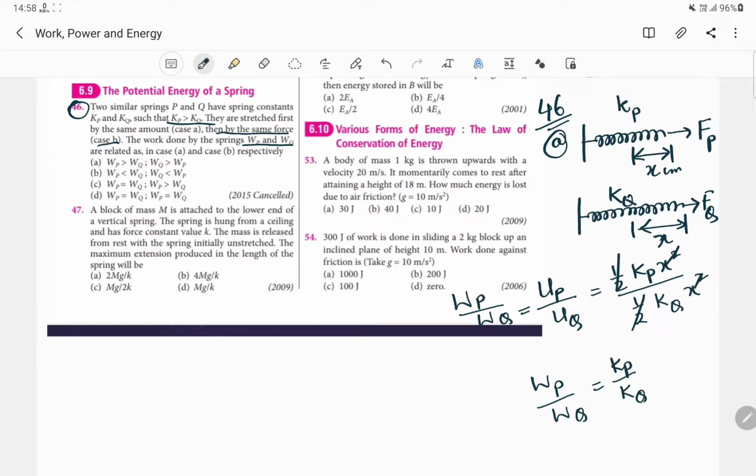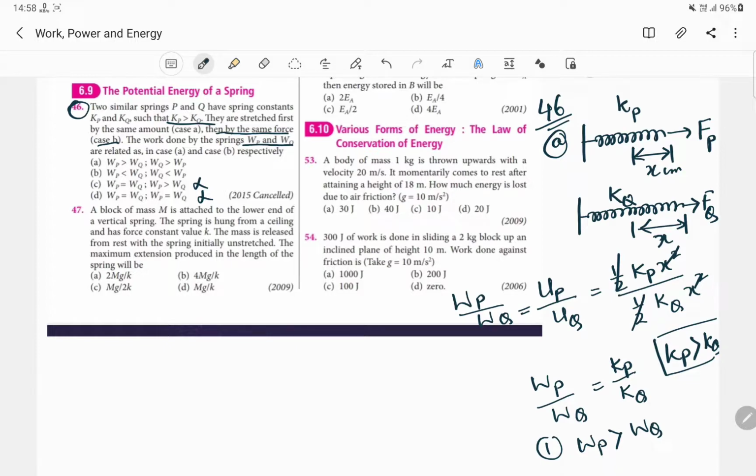And it is also given that Kp is greater than Kq. That means Wp will be greater than Wq. So for the first case, case a, we have Wp greater than Wq. So we can eliminate options C and D, because in option C we have Wp equal to Wq, but this is not obtained in our calculation.